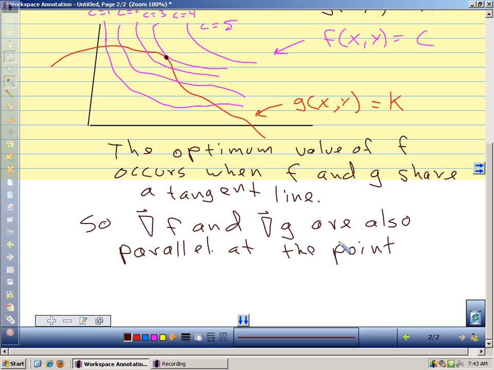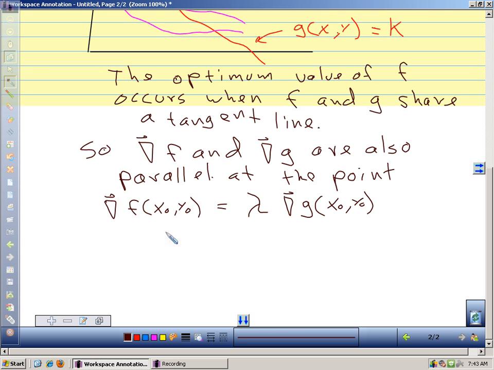And since the gradients are parallel, we can write at that point that del f at the point that we're interested in, x0, y0, equals lambda del g at that point, x0, y0, for some scalar lambda. And lambda is our Lagrange multiplier.